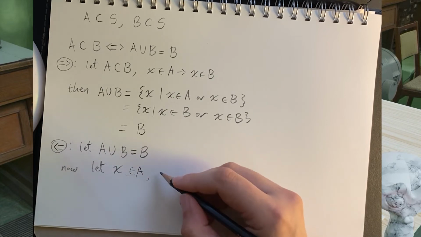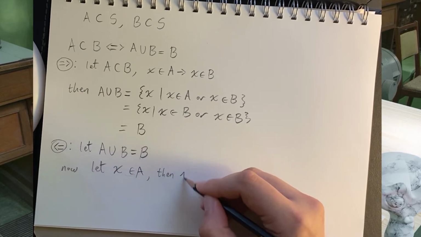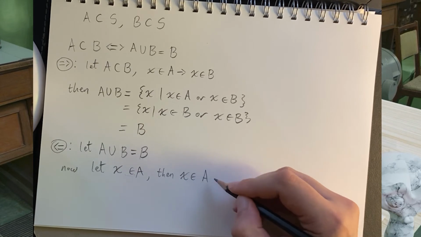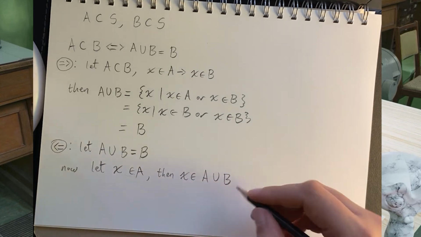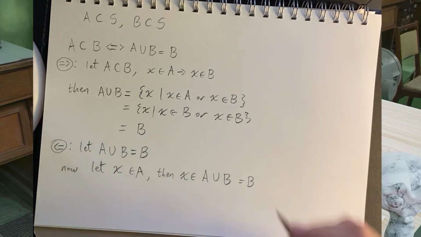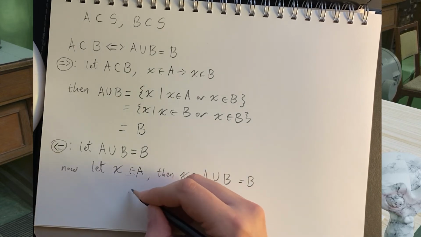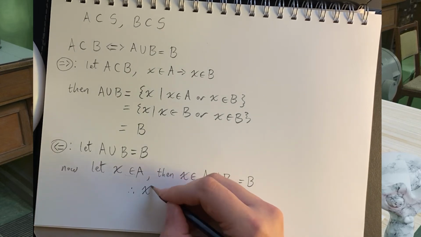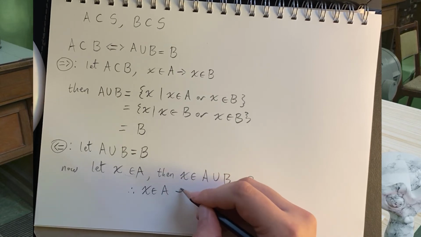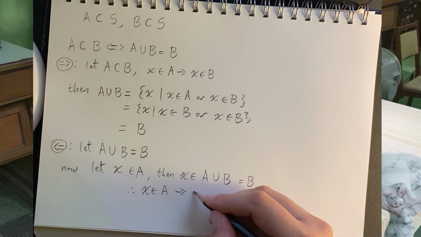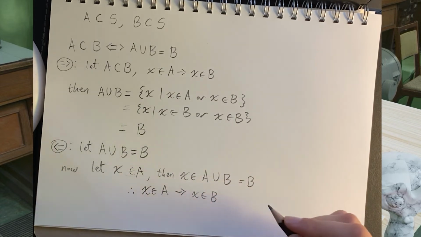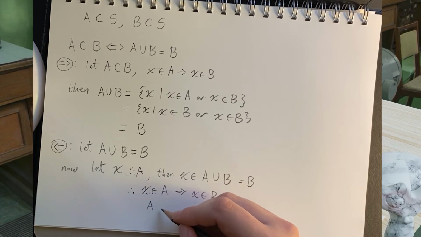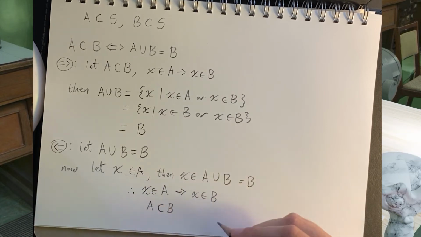So if X is in A, then X will be in A union B, because this is all the points in A, or all the points in B, and A union B is equal to B. So therefore, we started with X in A, and we showed that therefore X must be in B, and then we get A is a subset of B. So that's it.